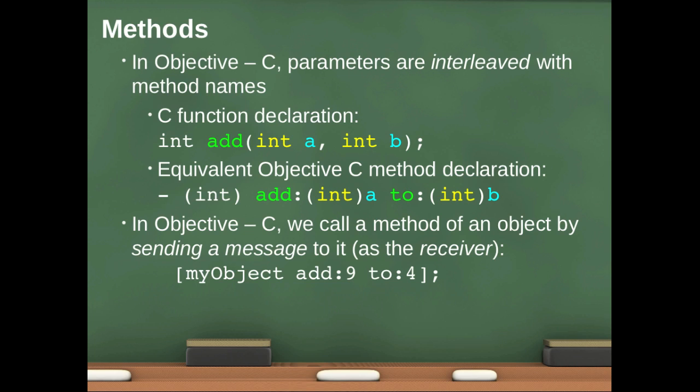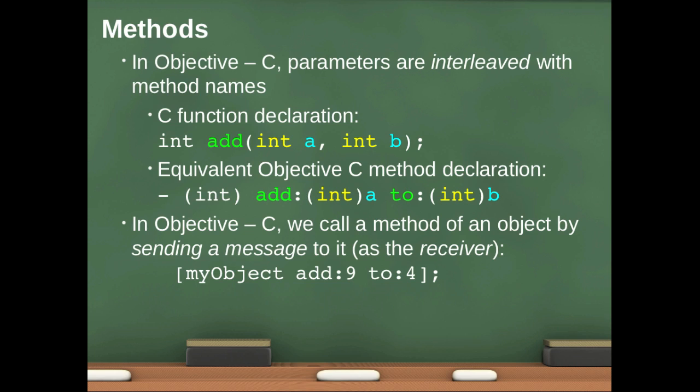But look at the equivalent Objective-C method declaration. I've given colors to the parts of it. We return an integer, and by the way, that hyphen or dash is required, and we'll talk about that in the next slide. It looks as if we're casting the function to an int, and that's really exactly what we're doing. But we're returning an integer, and the function name is still add. Notice the colon, and then we cast a to an int.